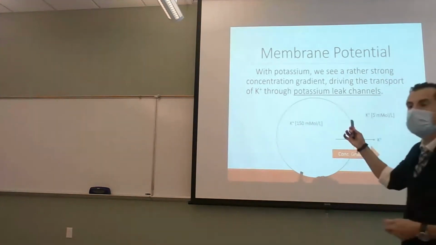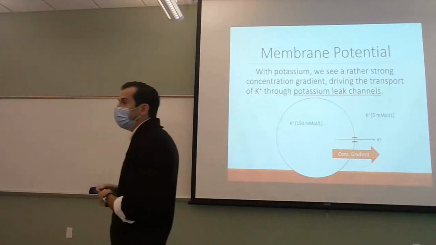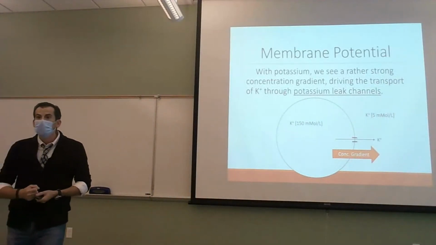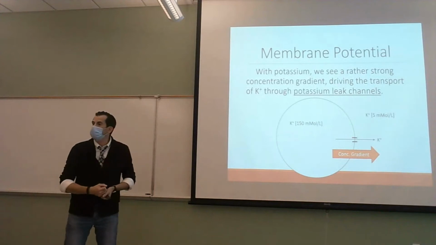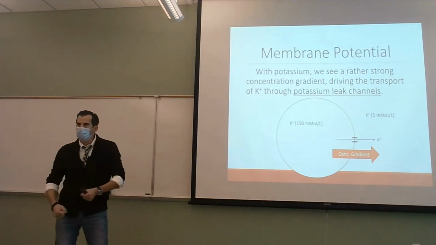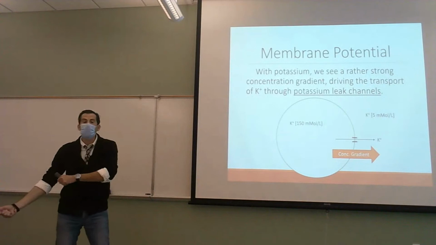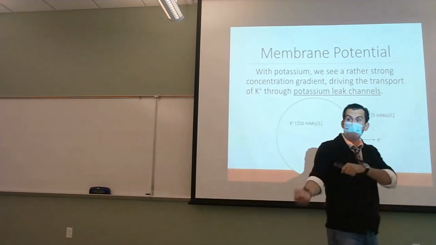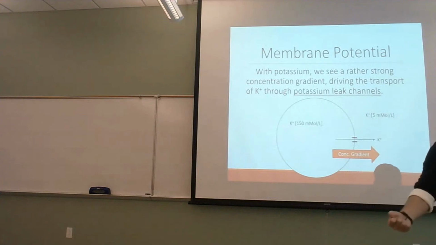If you were in the middle of a lake with a rowboat that was leaking, and they gave you a bucket, the water comes through the cracks in the boat, you bail it out. You are actively transporting water outside the boat. You've created a strong concentration gradient, hopefully, of water outside the boat relative to inside the boat.